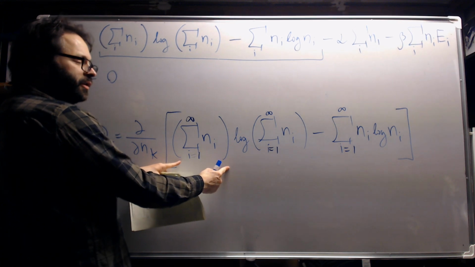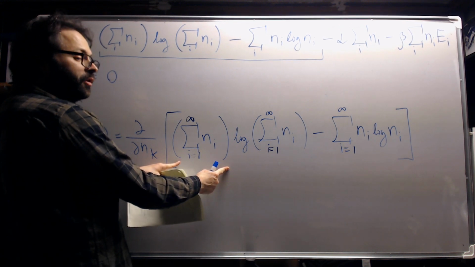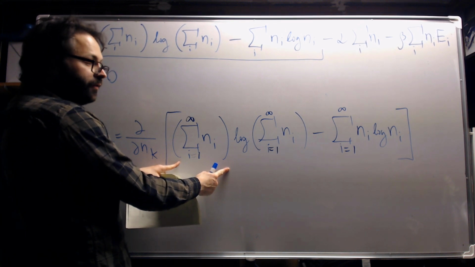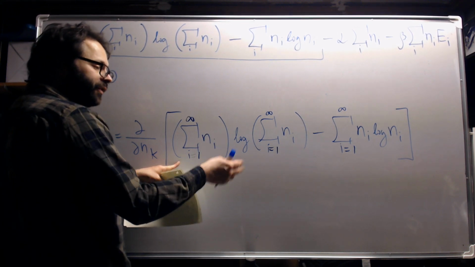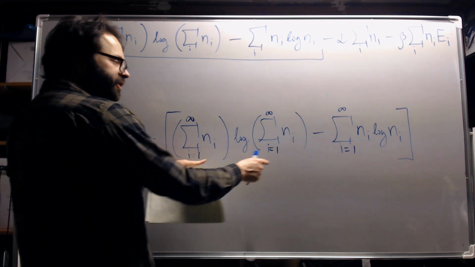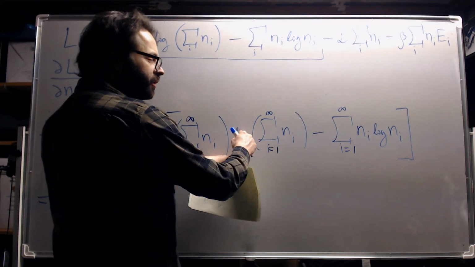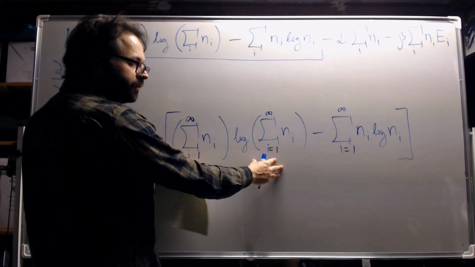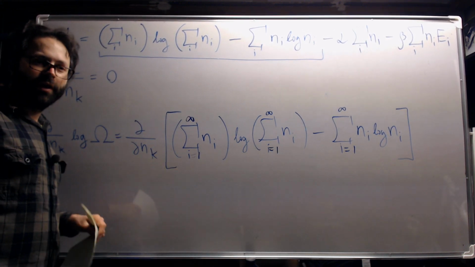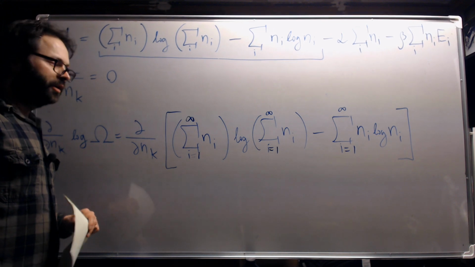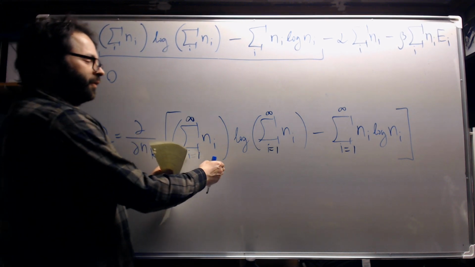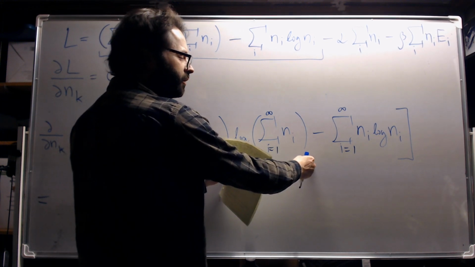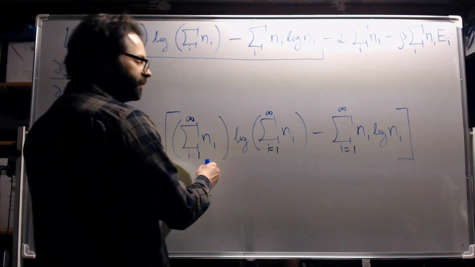The first function is what's in the first parentheses, sum over all ni. It's a perfectly valid function of many variables, where the function is just add the variables together. The second function that it's multiplying is log of the same thing. But just by virtue of the fact that we have a product of two functions, when we take a derivative, we have to use the product rule, right? So the product rule is the derivative of the first function times the second function plus the derivative of the second function times the first function.